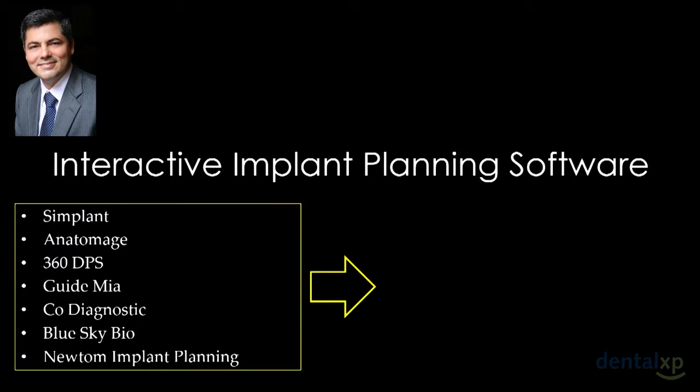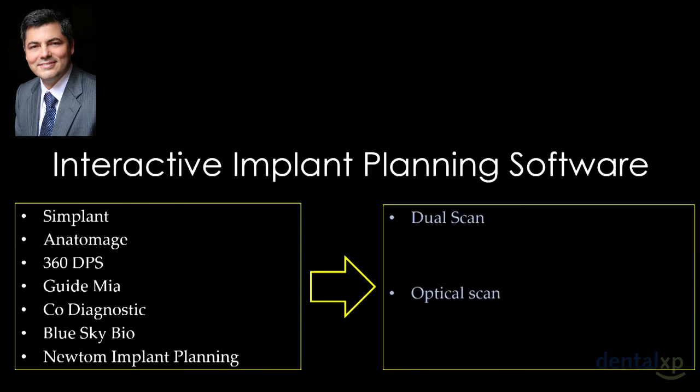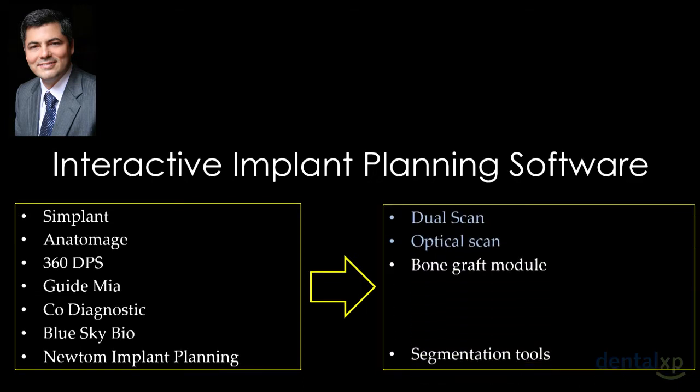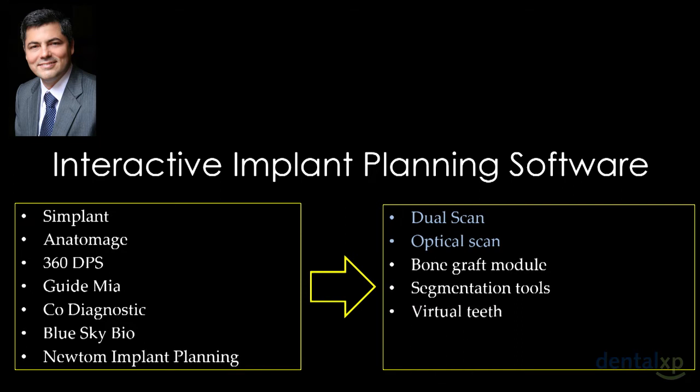And when we're making the decision of buying an interactive software, one of the things that we need to consider now is not only the modules that we have within those softwares, but we need to decide if we need to have STL exportability. Because some softwares are going to allow you to export or import STLs, and some other softwares are not.